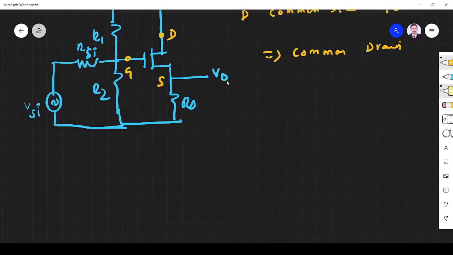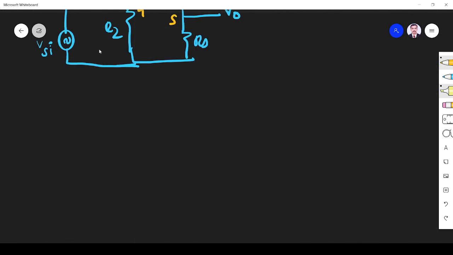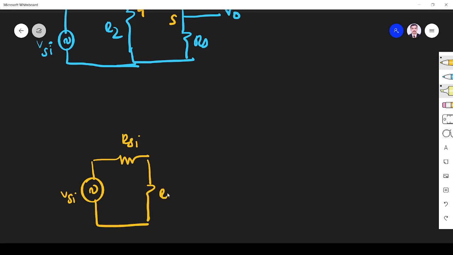Now we draw the small signal equivalent. Here only the MOSFET needs to be replaced, and the other things remain as they are. So we have VSI and RSI, and the bias resistors become R1 parallel R2.